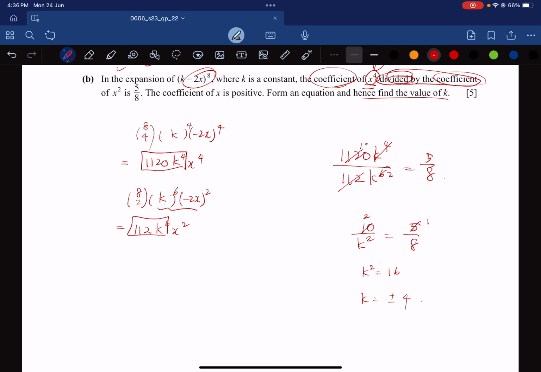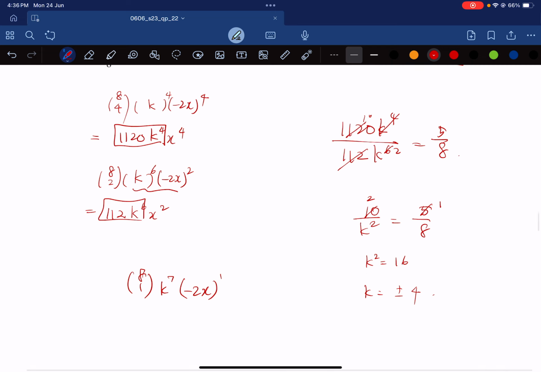So in order to get x, you need to have something like this, to the power of 1 and k to the power of 7, and then h is 1. They tell us that this is positive, it's greater than 0.